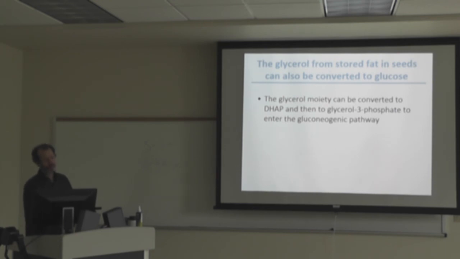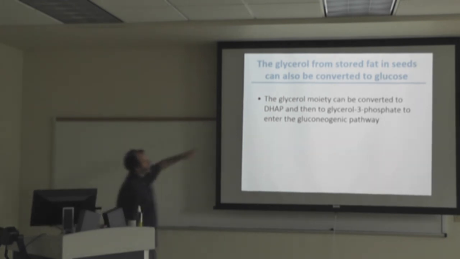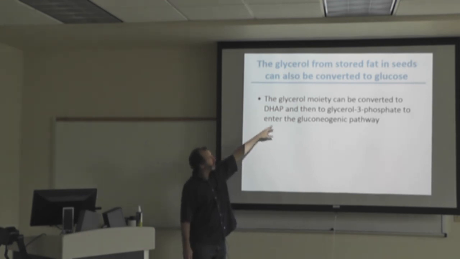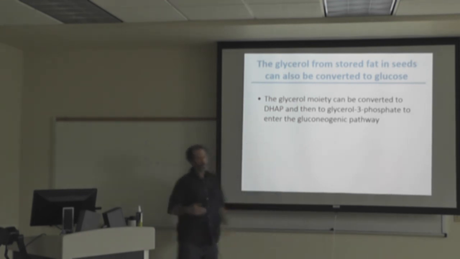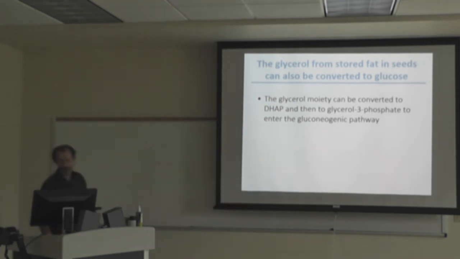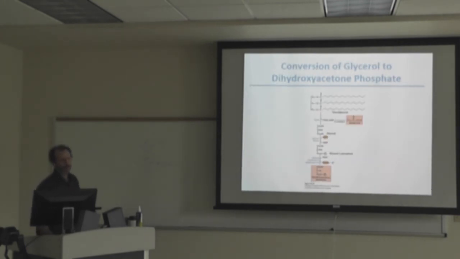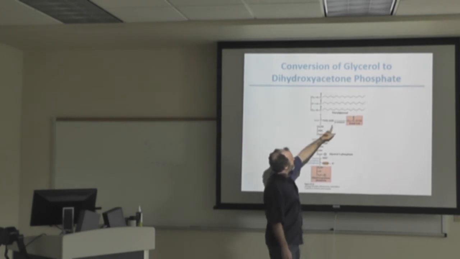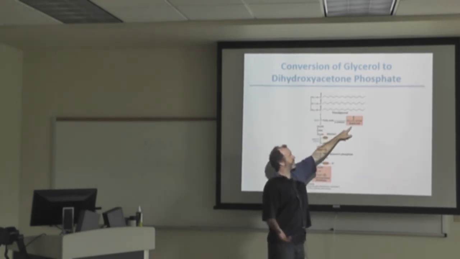The glycerol from stored fat in seeds can be used to convert to glucose also. The glycerol moiety can be converted to glycerol 3-phosphate and then dihydroxyacetone phosphate to enter the gluconeogenic pathway, similar to us. So remember, from fats, triacylglycerol, the fatty acids can be used to produce acetyl-CoA via beta oxidation.